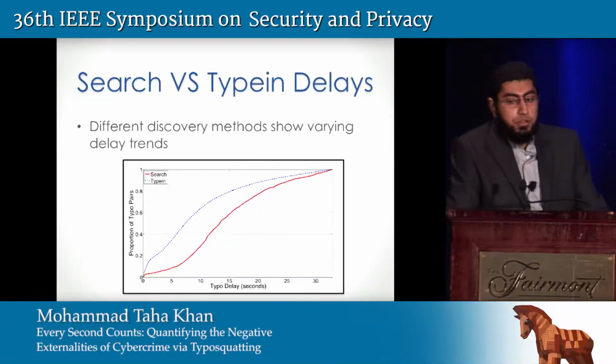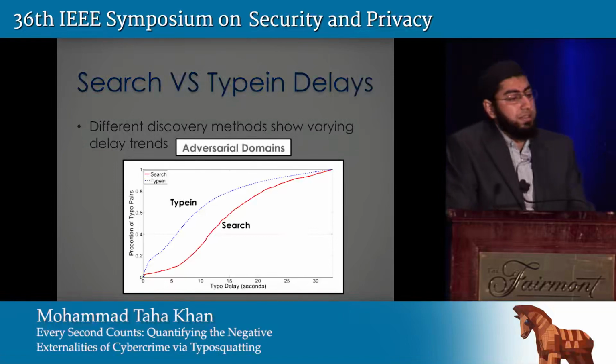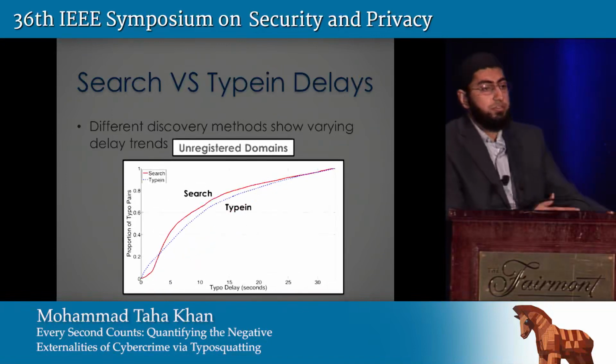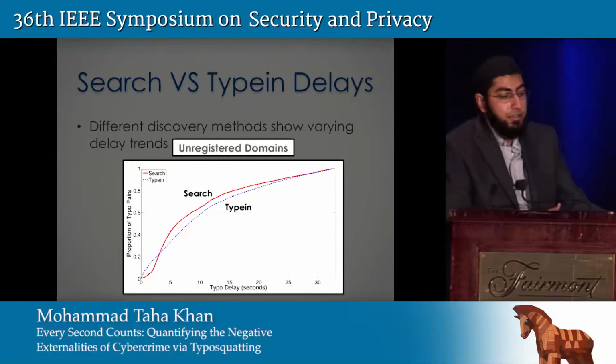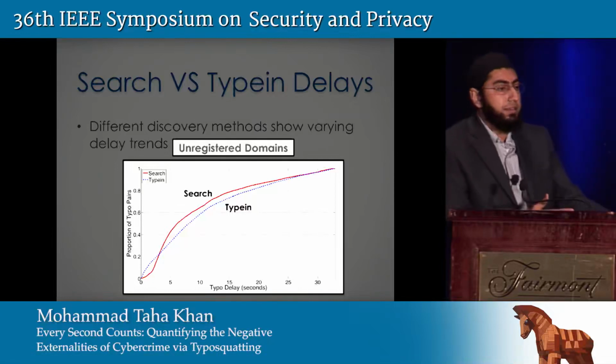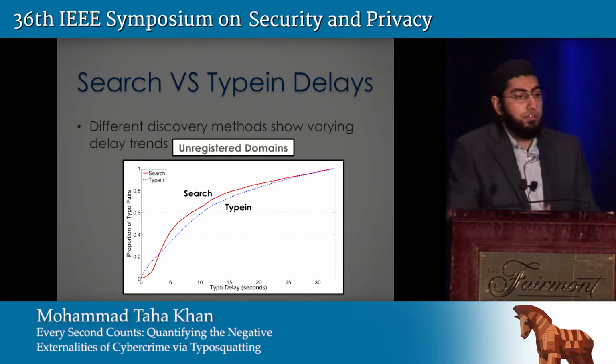We also observe that different discovery methods have varying delay trends. For adversarial domains, we see that the typing delays are essentially lower than the search delays, which is intuitive to understand because it's more likely a user is going to correct his mistake in the URL bar rather than searching for the intended domain. However, for unregistered domains, we see that this is an anomaly, that the search delays are actually lower than typing delays. Well, a reason behind this is a characteristic of modern browsers.